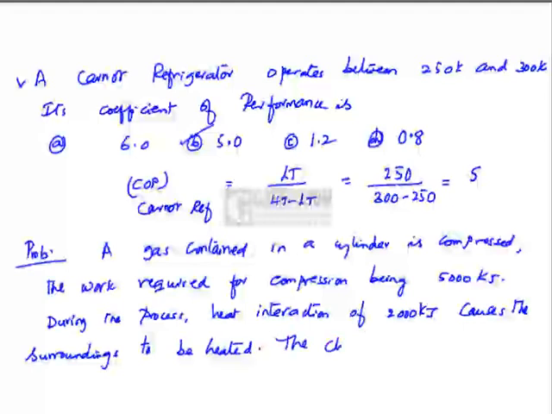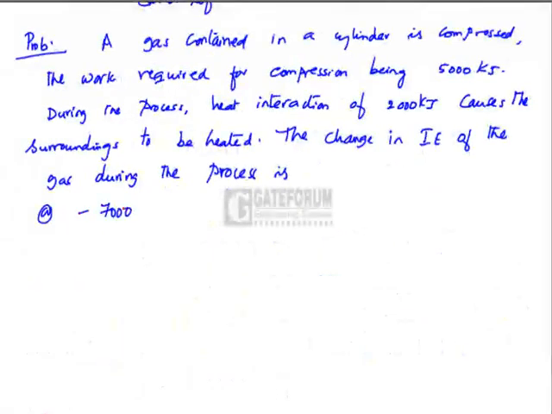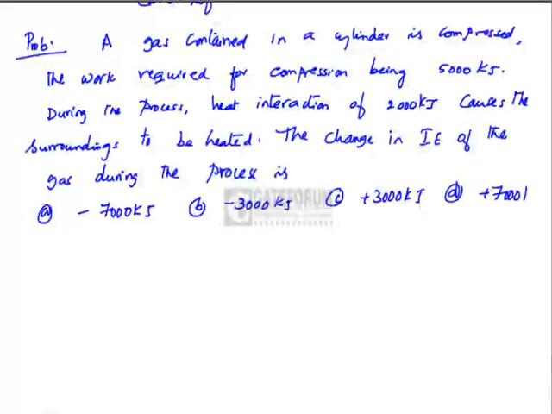The change in internal energy of the gas during the process is A minus 7000 kilojoules, minus 3000 kilojoules, plus 3000 kilojoules, plus 7000 kilojoules.